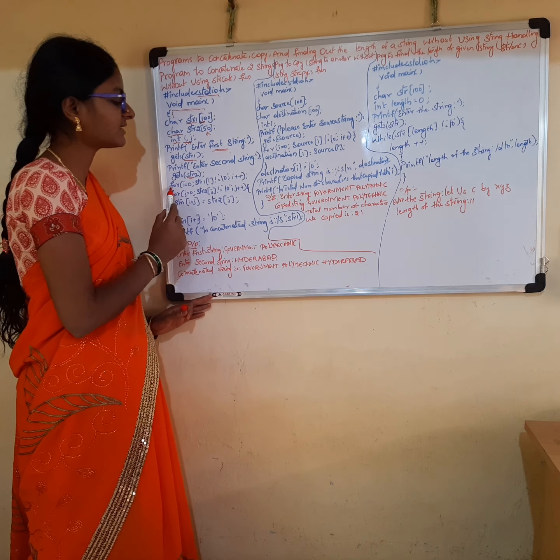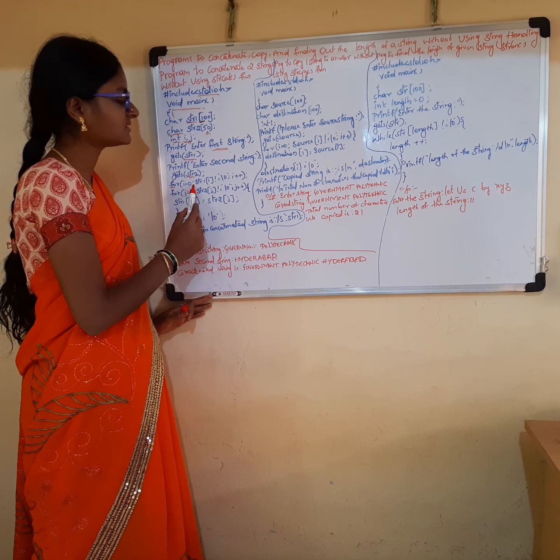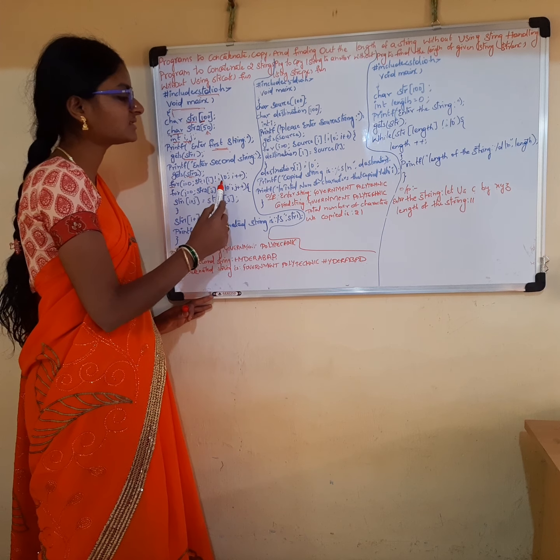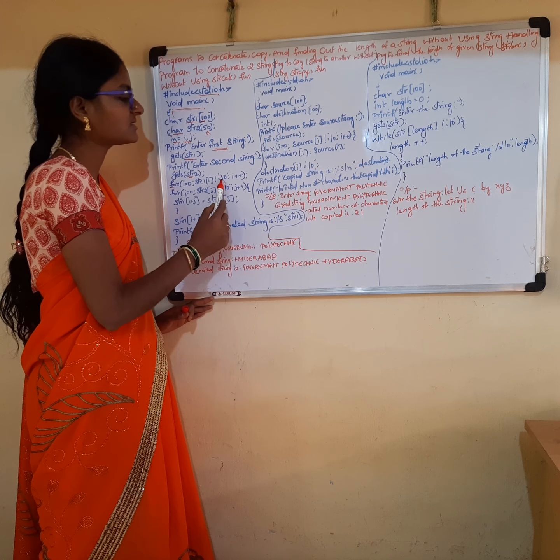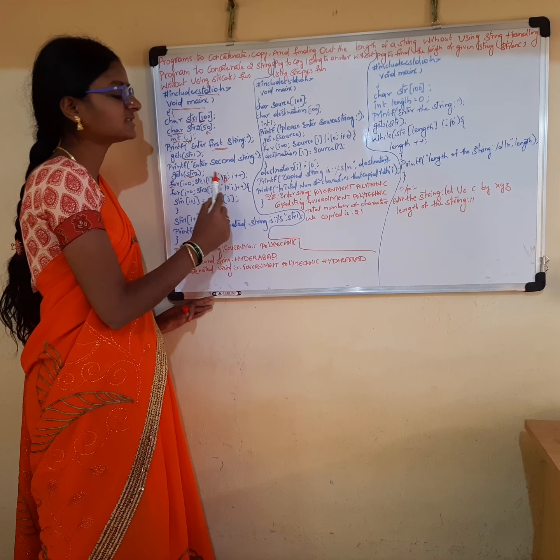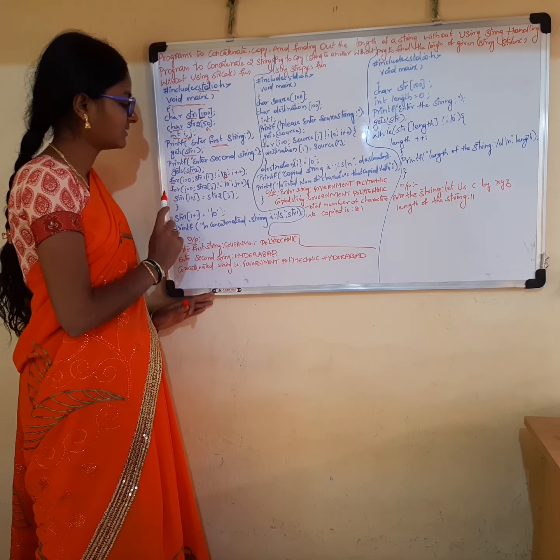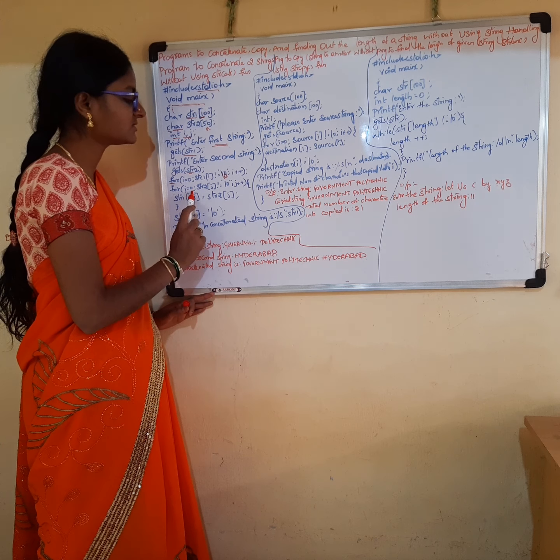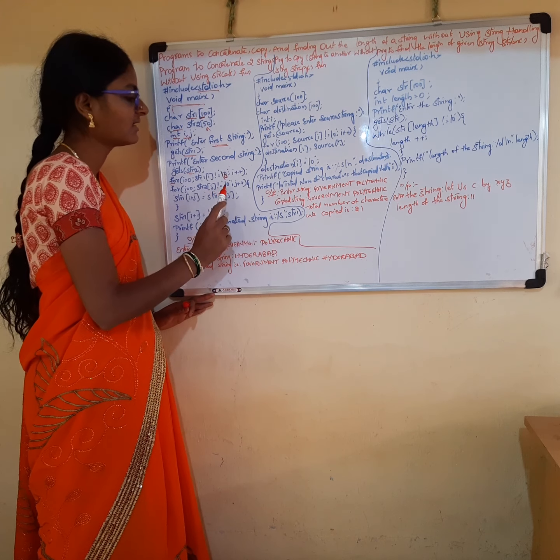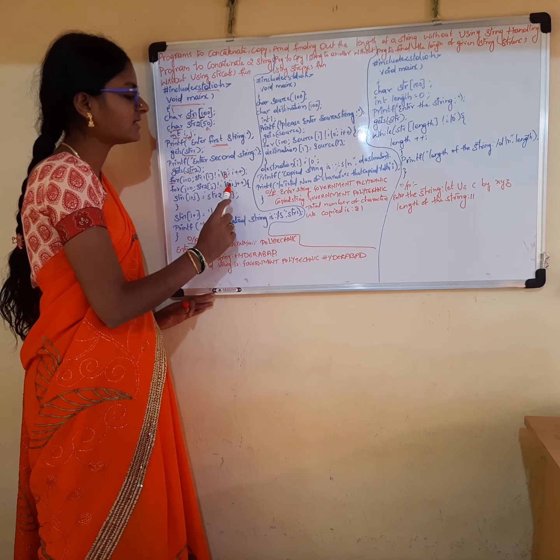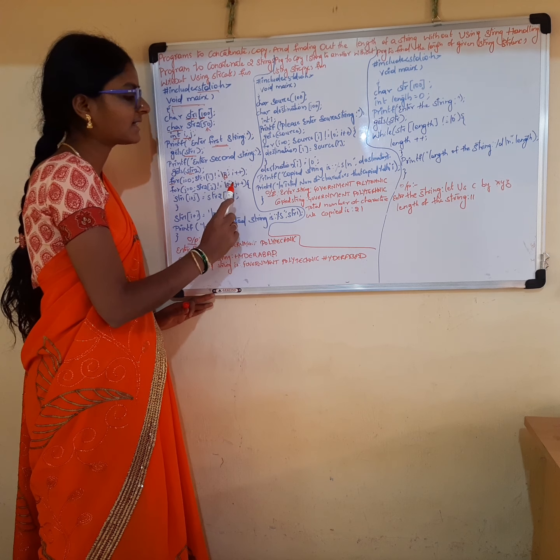Next, we are using a for loop. for i is equal to 0, string1[i] not equal to the null character, i++. Next for j is equal to 0, string2[j] not equal to null character, j++.